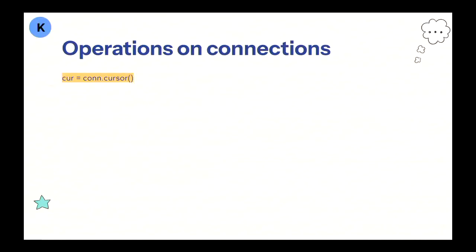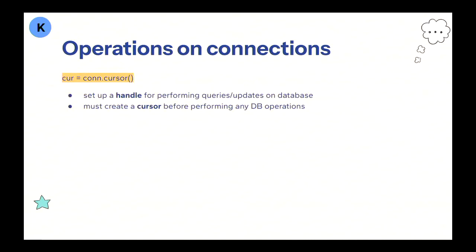And here are some operations we could do with the connection object. The first one is cursor. We can use the cursor method to return us a new cursor, and this cursor is like a handle for performing queries or updates on the database.